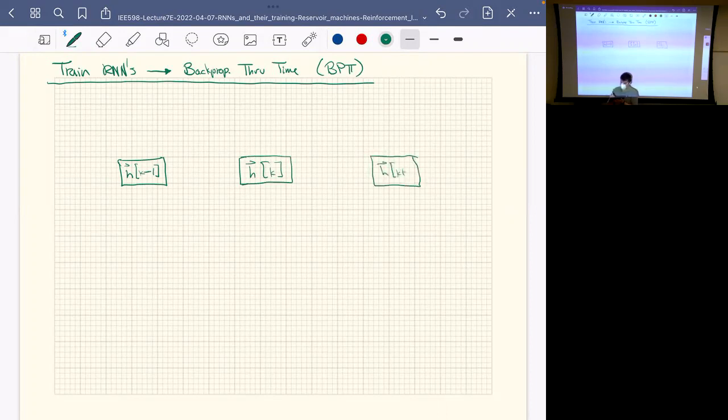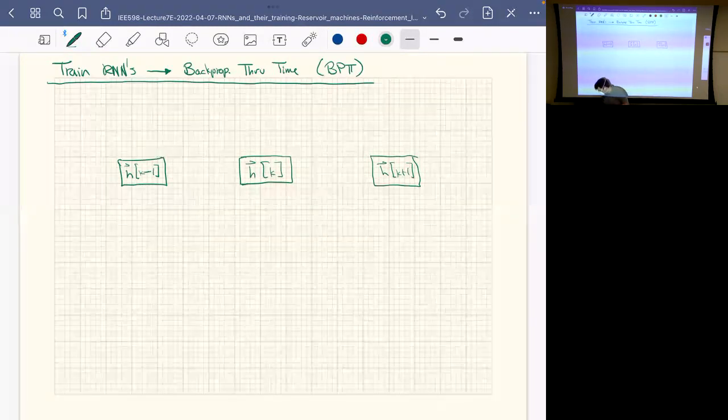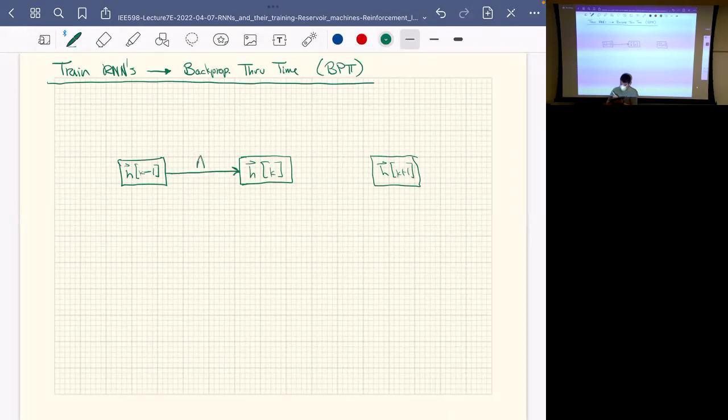And so you choose some time window that you'd like to unroll. And we know that the hidden state in future time depends on the past time, and so on and so forth. And so we can write that dependency as pretending like it's a feed forward relationship where there's this matrix A, which helps to translate the past hidden state to the next hidden state.